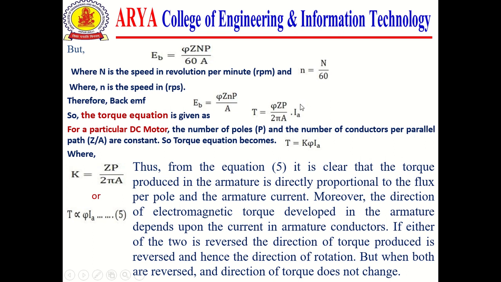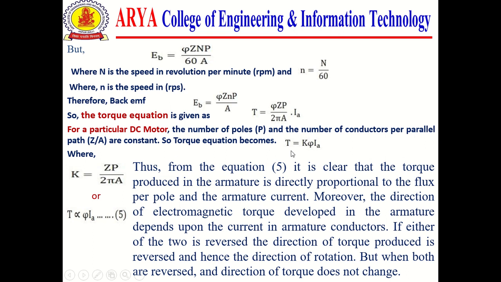From this expression you can see the torque developed by the DC motor is directly proportional to the armature current as well as the flux produced in the magnetic field of the DC motor. All other parameters are constant. For a particular DC motor, the number of poles P and the number of conductors per parallel path, Z upon A, are constant.